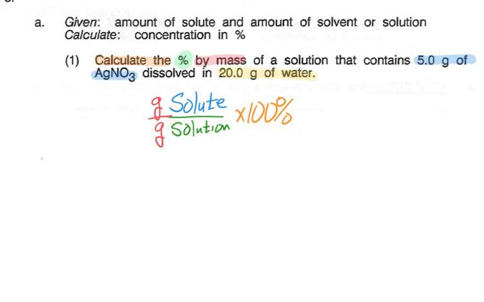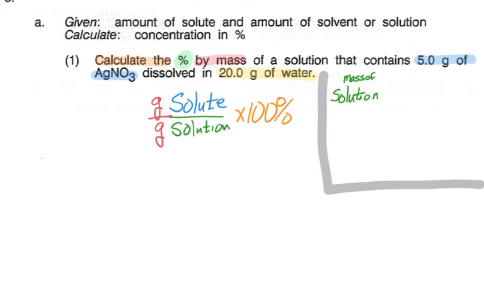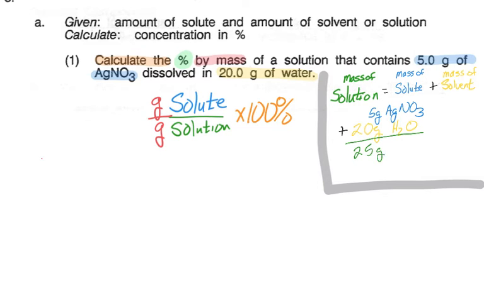So now we have to remember, how do I find the solution? Recall that the mass of the solution will be equal to the mass of the solute plus the mass of the solvent. In this case, we have our 5 grams of AgNO3 plus our 20 grams of water. Add them together and we get a total of 25 grams of solution.